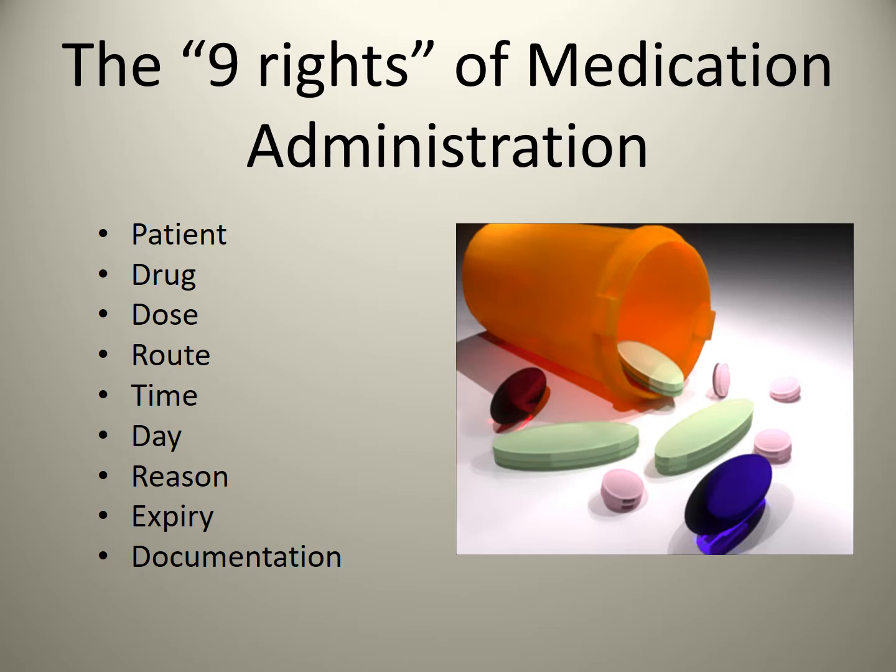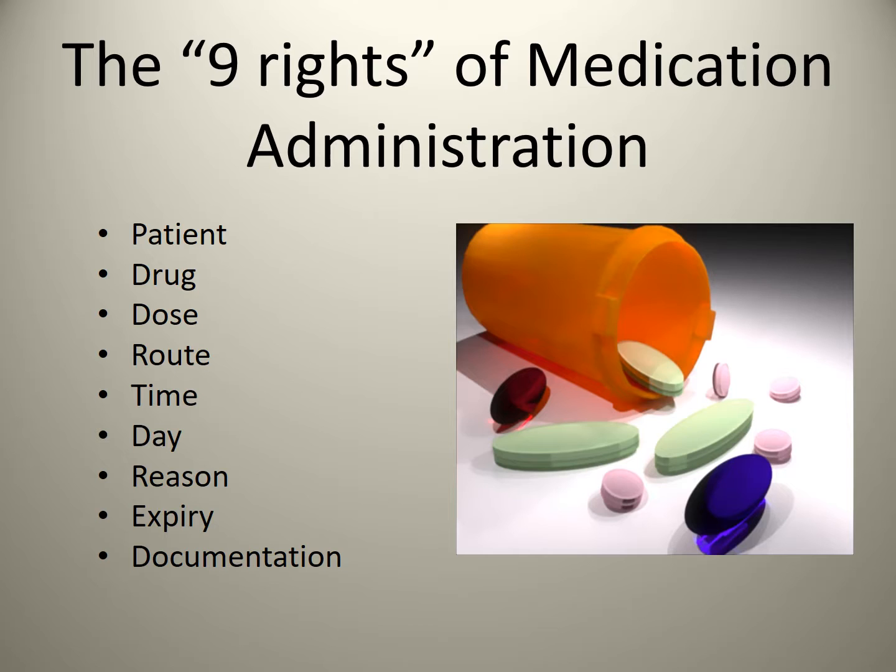So, the 9 rights of medication administration are, first of all, you have to make sure you have the right patient. Second of all, you have to make sure you have the right drug. Then, do you have the right dose of the drug? Do you know what route you're giving the drug? Does it correspond with your mark sheets?